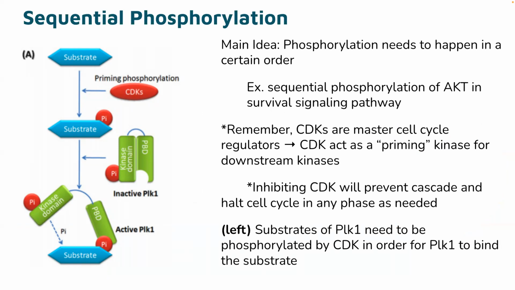And then just another quick reminder, CDKs are the master cell cycle regulator, and CDK can act as a priming kinase for downstream kinases, and inhibiting CDK will prevent the cascade and halt the cell cycle in any phase needed. So then this is back to PLK1. Substrates of this need to be phosphorylated by CDK in order for PLK1 to bind to the substrate.